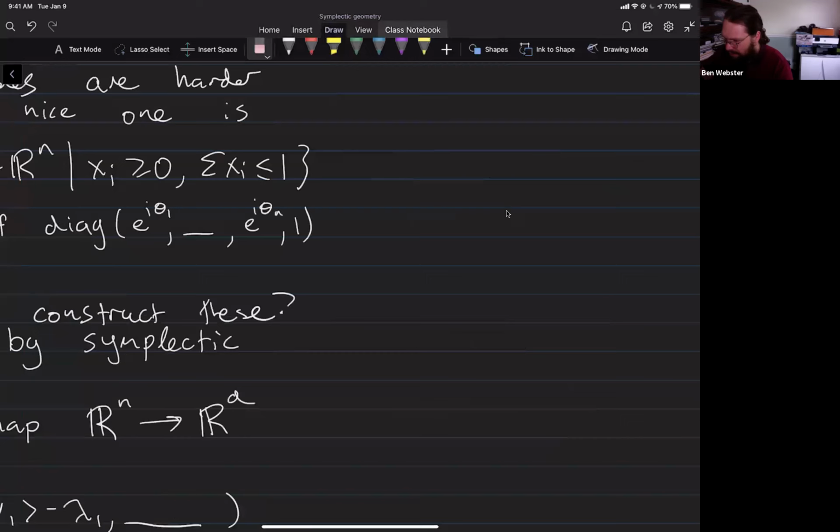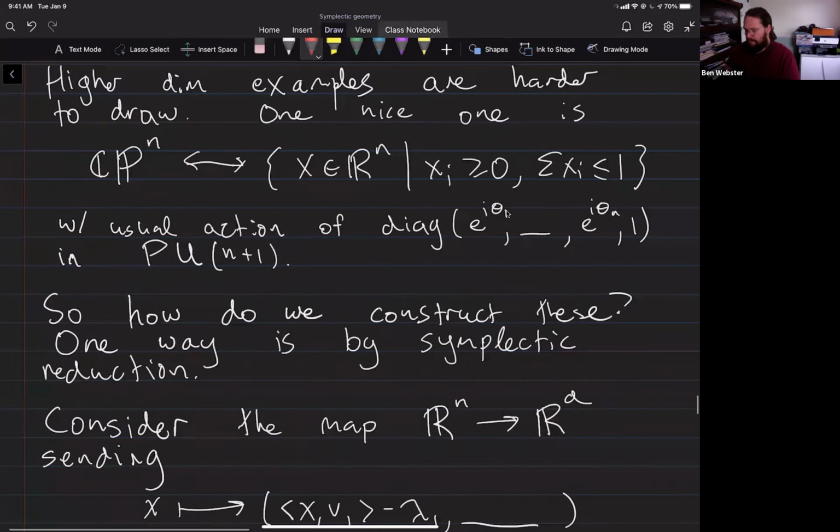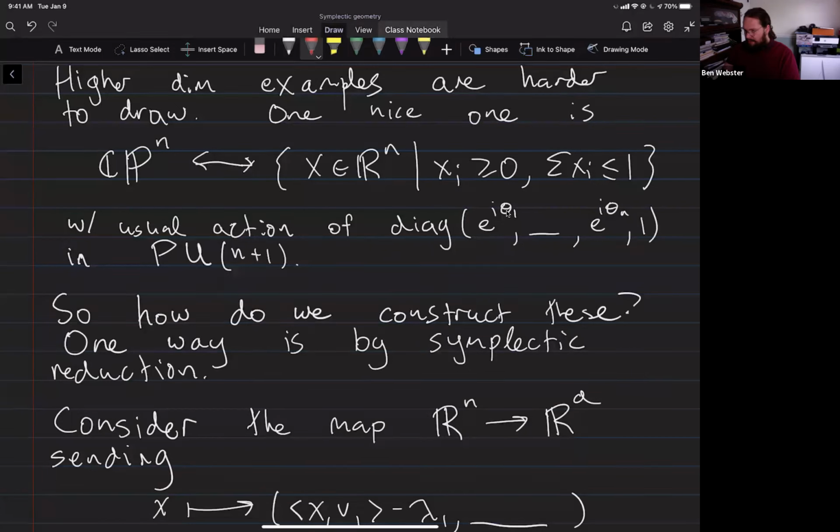So in 3 dimensions, it looks like this. I have facets that come from all the coordinate hyperplanes and then one facet here coming from the sum of all the coordinates. All right, so that's the examples.